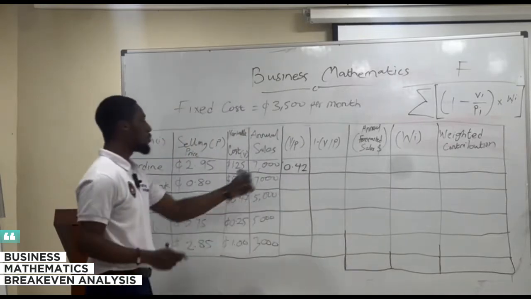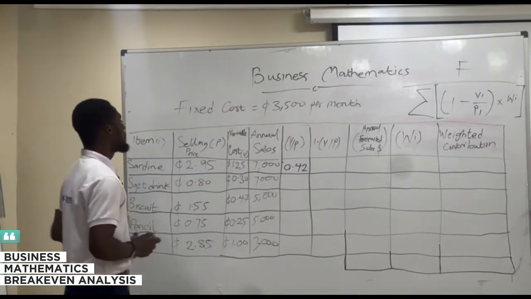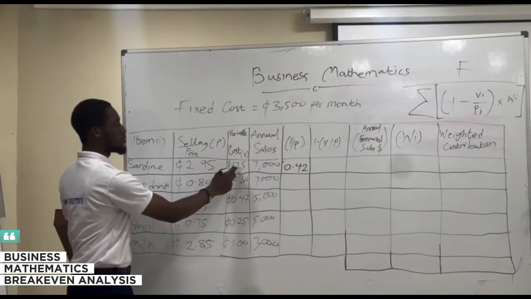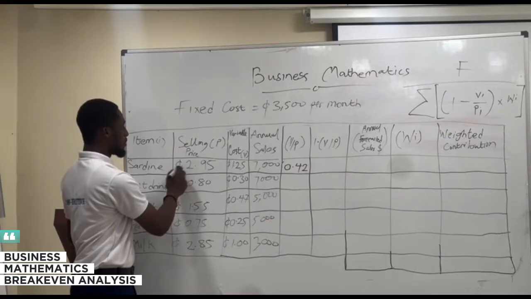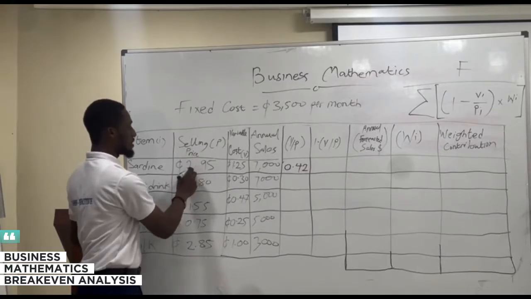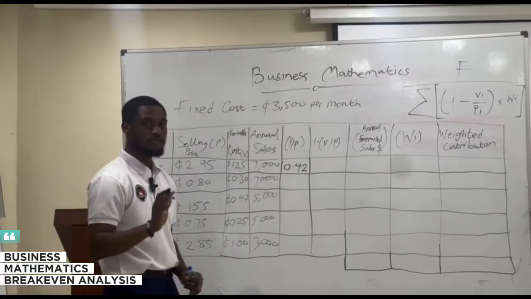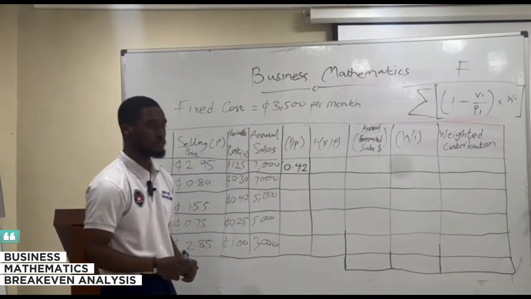We get 0.42 when we divide the variable cost of the sardine, 1.25, by the selling price for sardine, 2.95. We've gotten our VC over P. So have it in mind how the VC over P is being found.